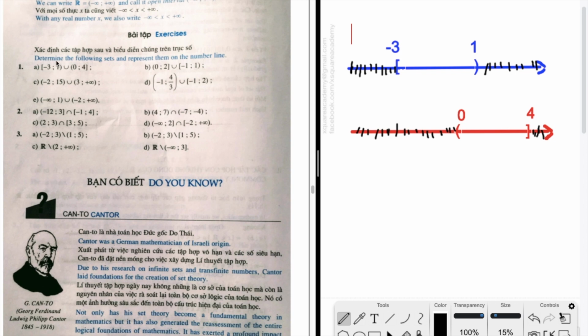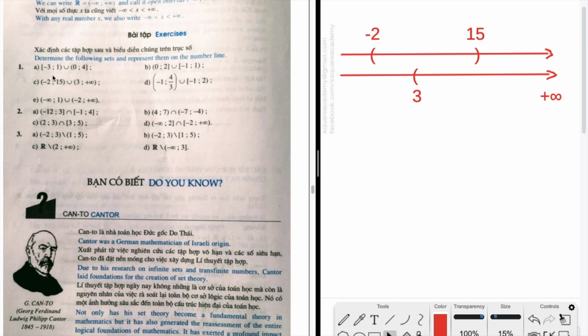A: the open interval from -3 to 1 union the open interval from 0 to 4. Union means we take all elements of both sets, and it's a closed interval. Okay, this is the result.